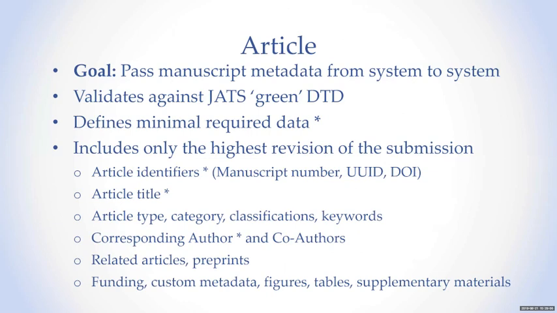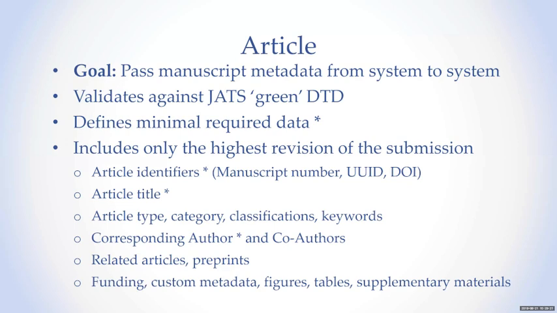The article XML is JATS compliant, and that's really important because that is the standard for publishing. MECA is using the green DTD, the Journal Archiving and Interchange DTD, for the article metadata. We chose the green DTD because it's more forgiving than the alternative, the blue Journal Publishing DTD.